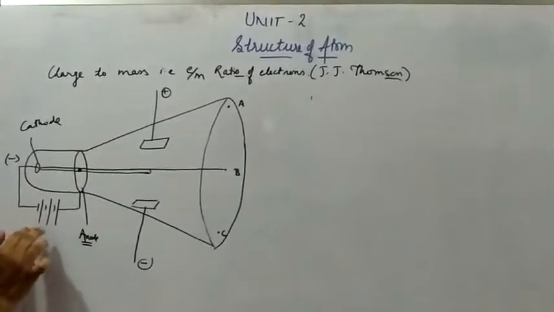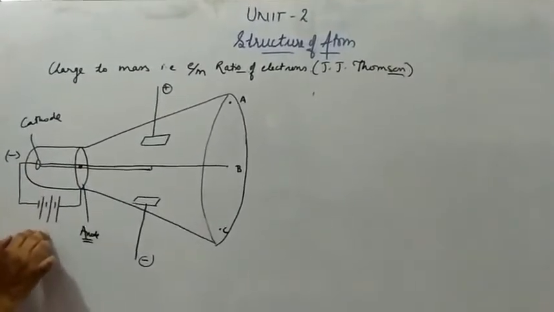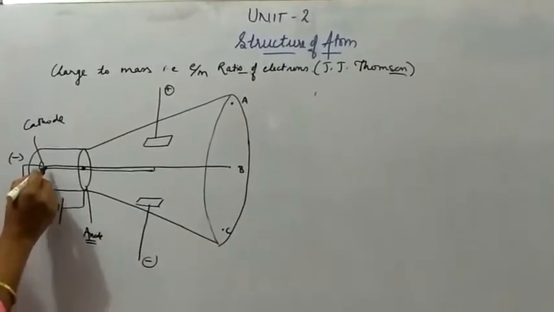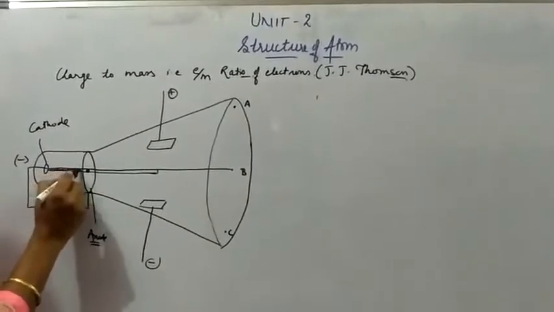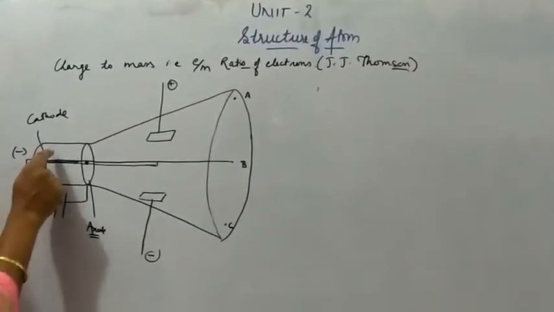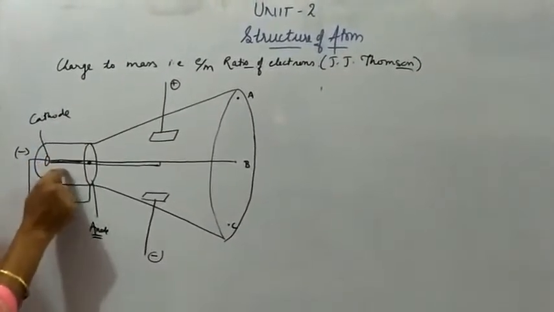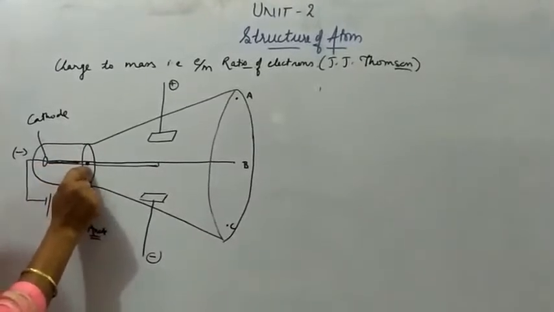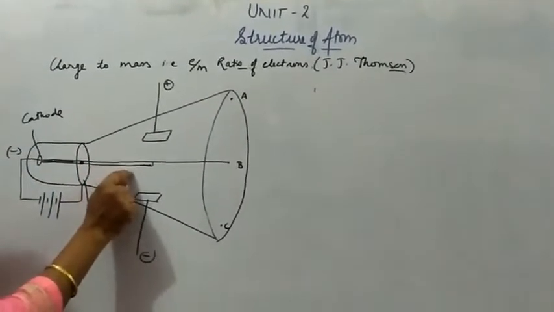Now when the external high voltage is applied, the cathode ray is generated and it is going to follow this path, right? The cathode ray will be in all directions, but because this hole is there, it will be channelized through this hole and focused in one path, right?